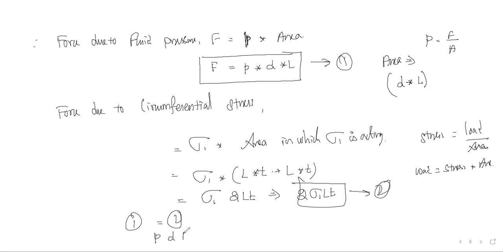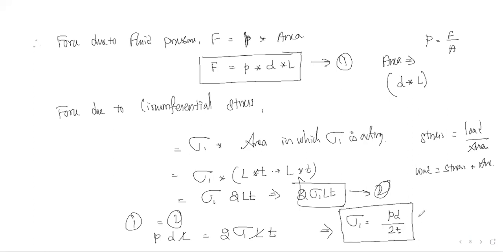Pressure into D into L is equal to 2 into sigma 1 into L into T. L gets cancelled, so sigma 1 is equal to PD divided by 2T, where P is the pressure intensity in the thin cylinder, D is the internal diameter of the thin cylinder, and T is the wall thickness of the thin cylinder.